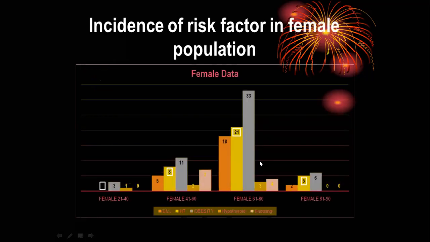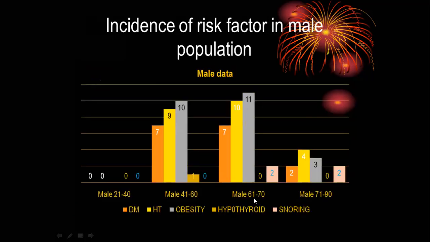On top of that, if you look at this female data about their diabetes, hypertension, and obesity, the majority have obesity as the contributing cause. Next comes hypertension, then diabetes mellitus. And all this at the 6th decade.